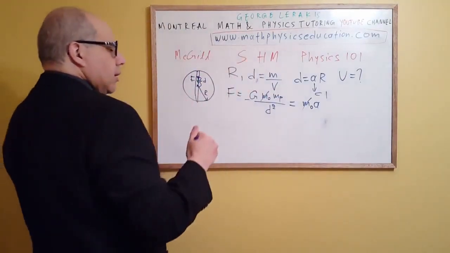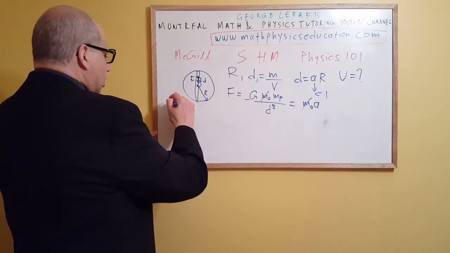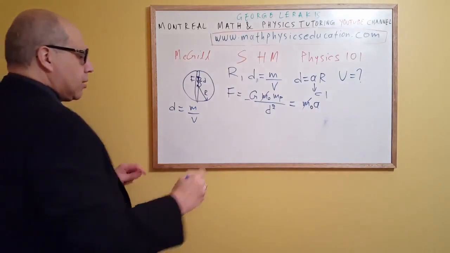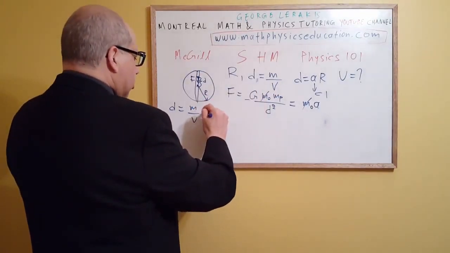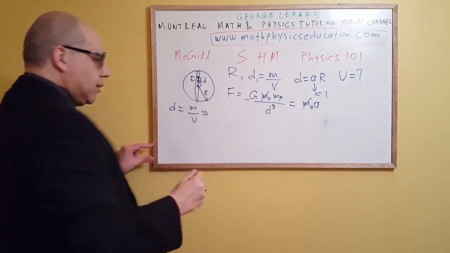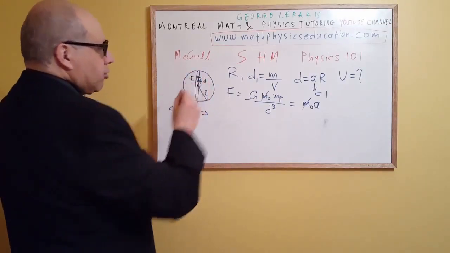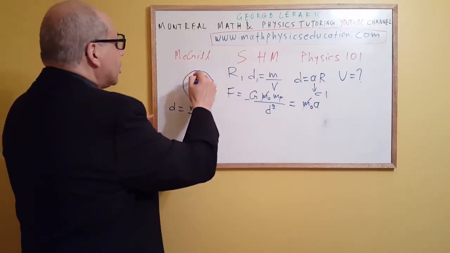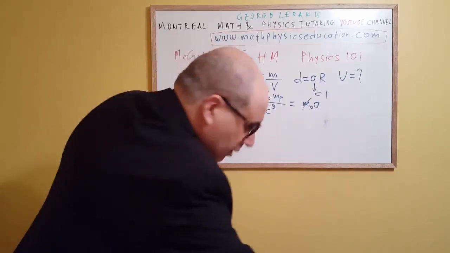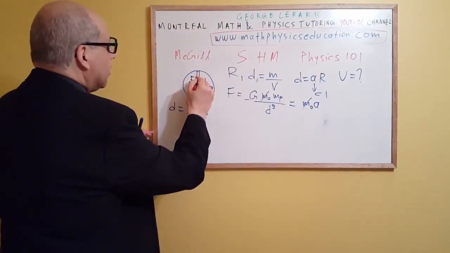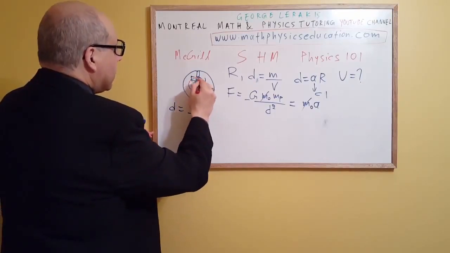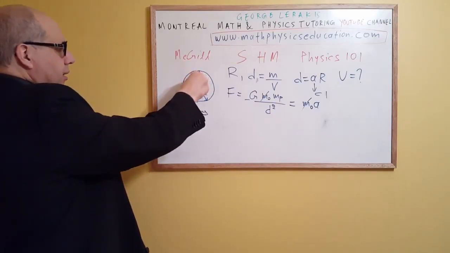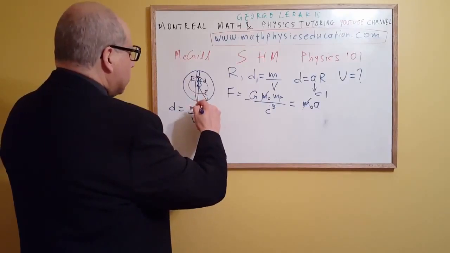If we take the equation of the density, density is equal to mass over volume. We want to find the mass of the planet, but actually the part of the planet that is exerting the gravitational force on the object is only this part here, the part in this circle here. We can call this MP.